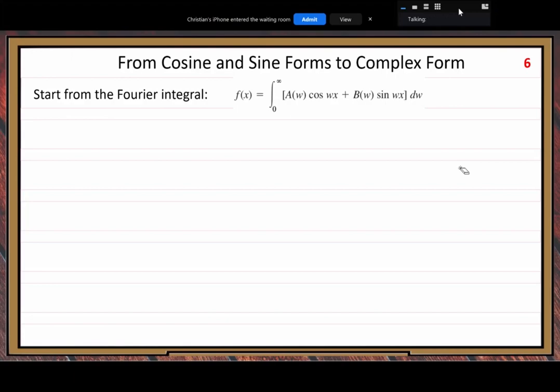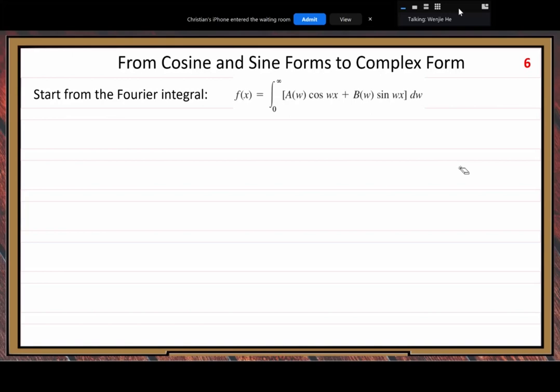So here, given an arbitrary function, can you decompose this arbitrary function into a sum of two functions such that the first function is an even function and the second function is an odd function? You do a decomposition.